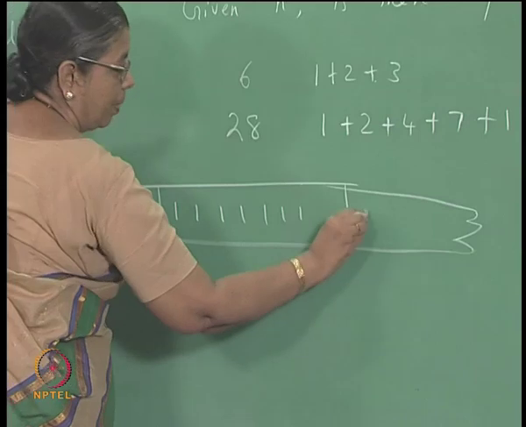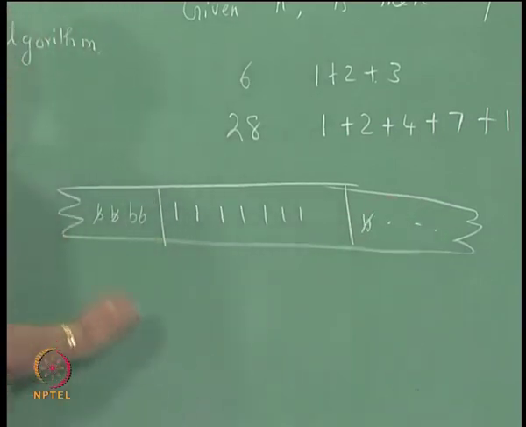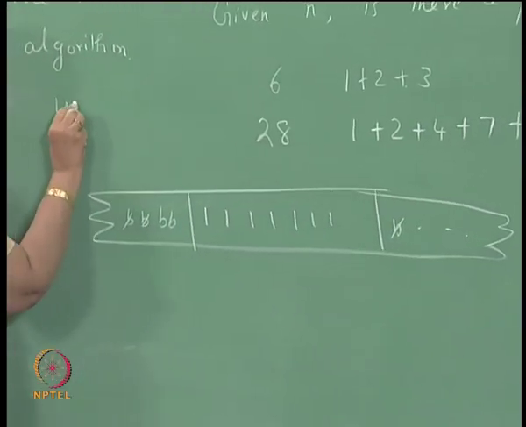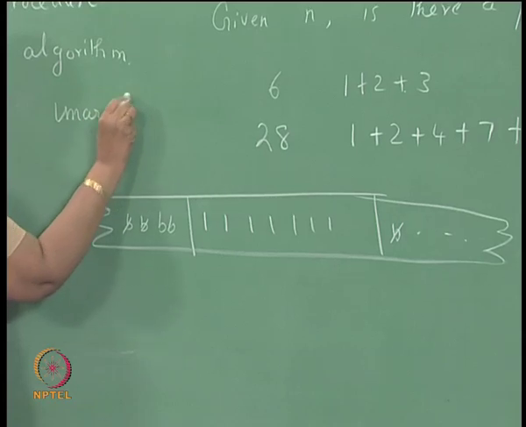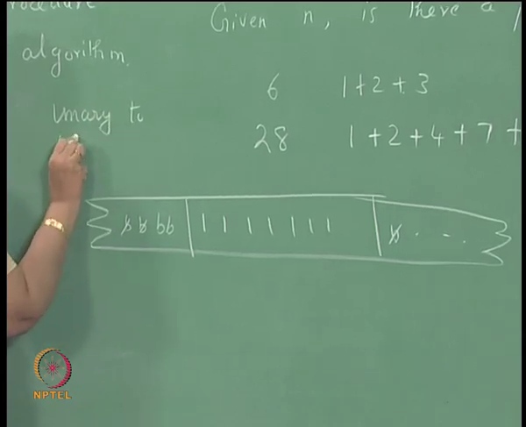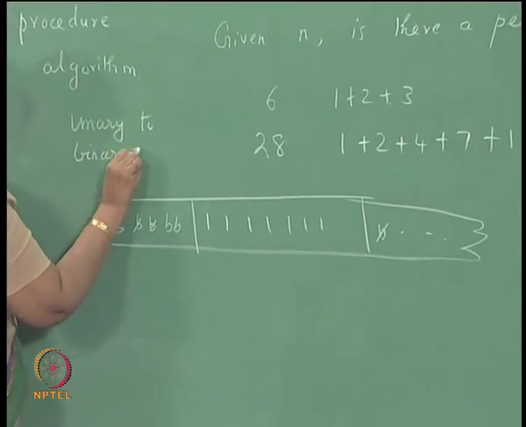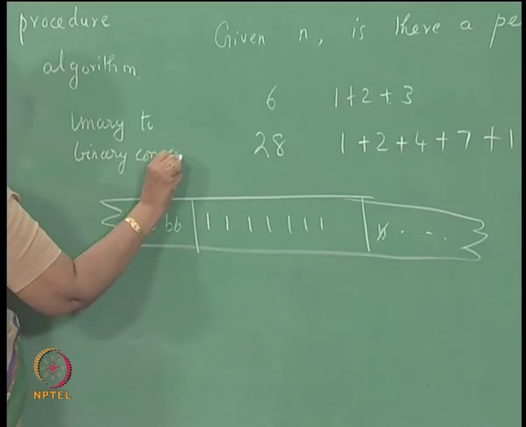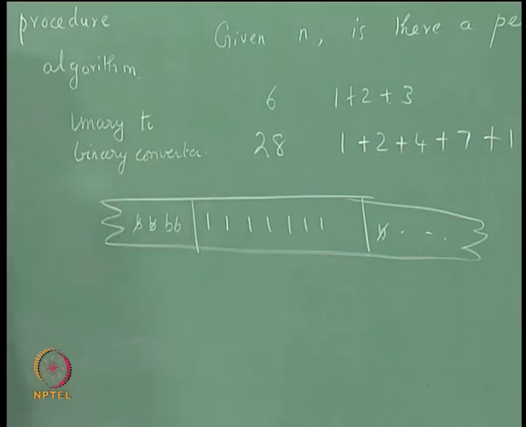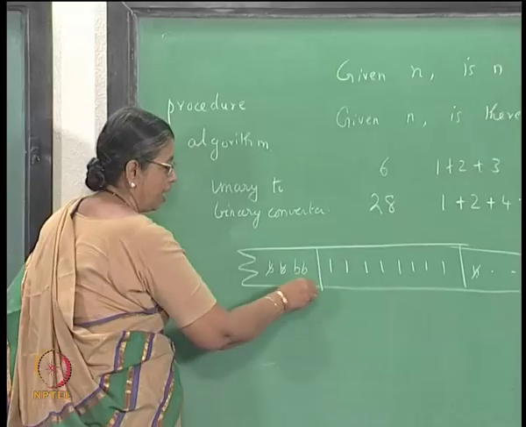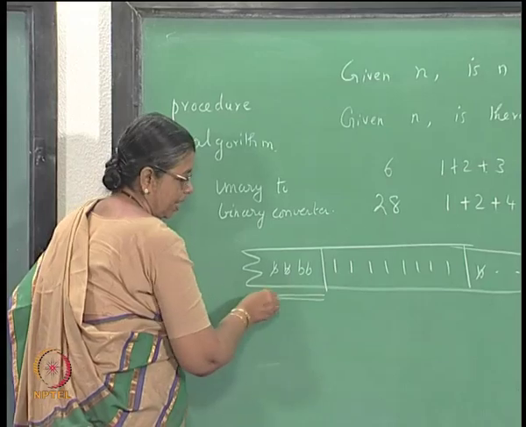Some unary number is given. Unary to binary converter. The unary number is given here, and ultimately the answer has to be given here, the binary number.